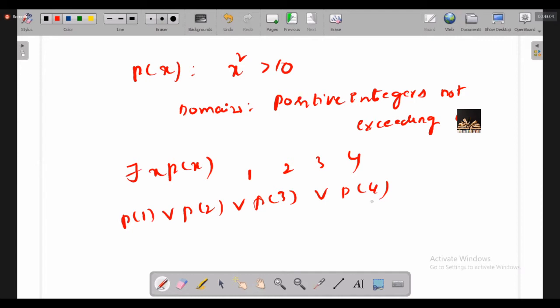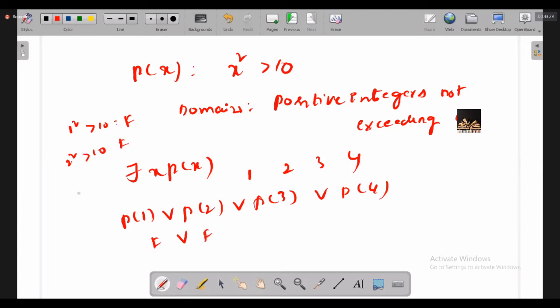So P of 1: is 1 squared greater than 10? It is false. 2 squared, 4, greater than 10 is also false.